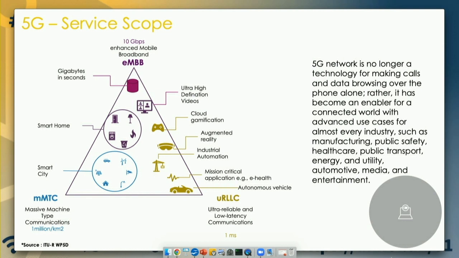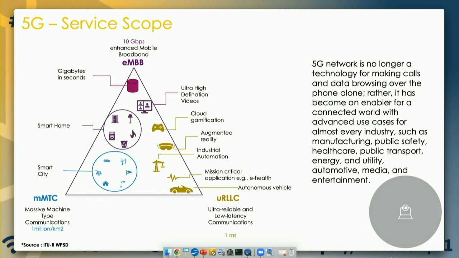Three main services are offered by 5G, namely three service scopes we can say. The first one to start with is enhanced mobile broadband or eMBB, as it is popularly known. That is used for applications which require high data speed, and 5G can provide data speeds up to 10 Gbps. Then next comes URLLC, that is ultra reliable and low latency communication.